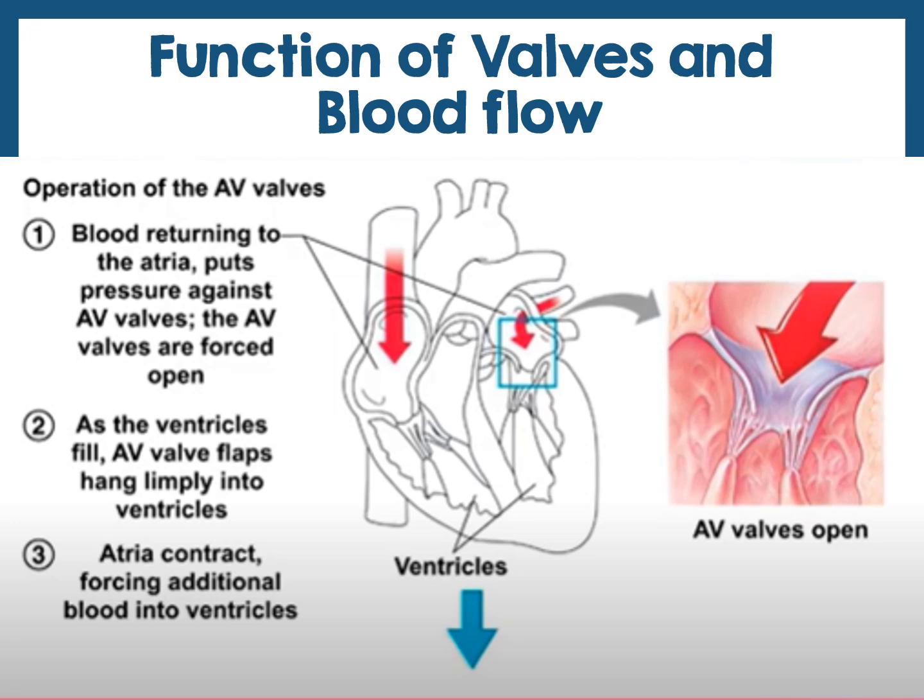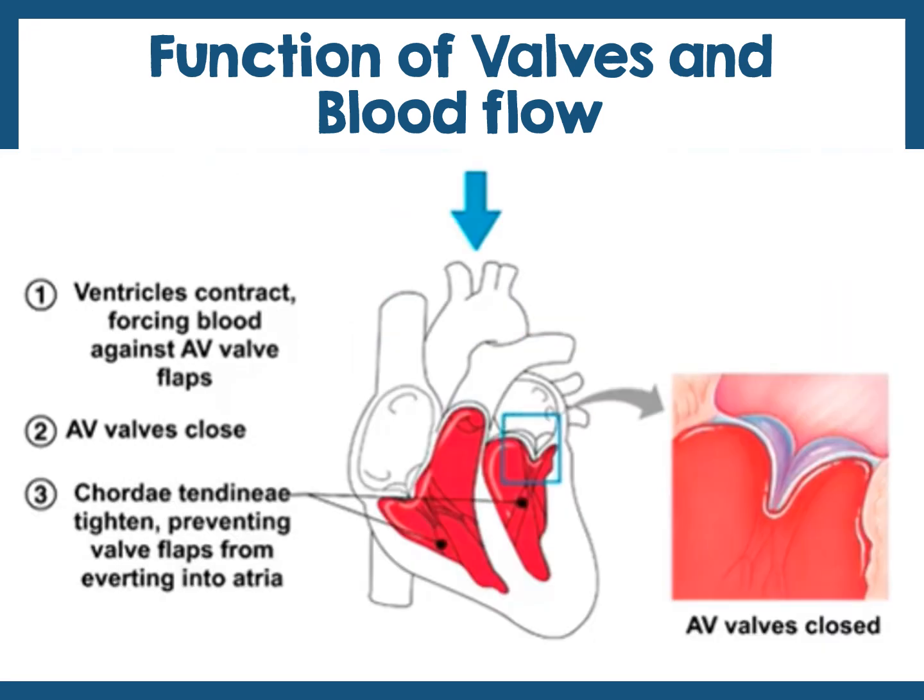Then the atria are going to contract to ensure that the atria are fully empty. And we also want to make sure that these ventricles are completely full. So now with the ventricles full, they will contract. And as they contract, pressure is going to build and get higher and higher inside of those ventricles. The blood is going to get shoved against the valves.